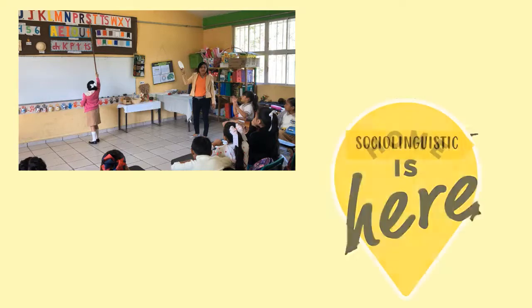For example, the culture section. It's really important for the students to know about the target language and reach the goals of communicative competence here, because the sociolinguistic aspect is presented here, since they must learn about the culture.